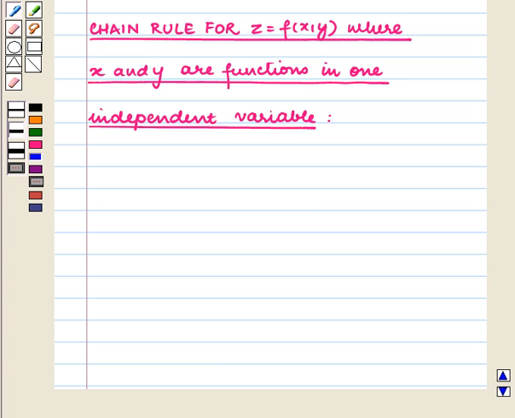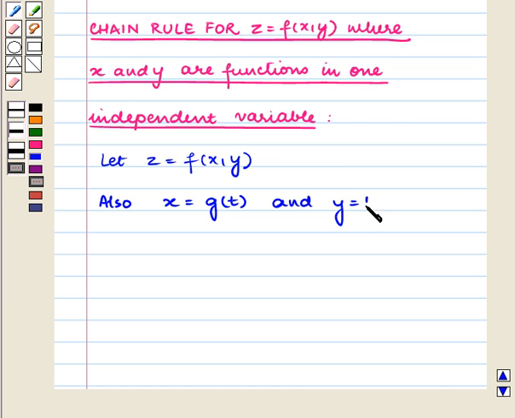Let us first see the chain rule for the function z equal to f of xy, where x and y are functions in one independent variable. So here let z be equal to f of xy. Also x is equal to g of t and y is equal to h of t, where f, g and h are differentiable.